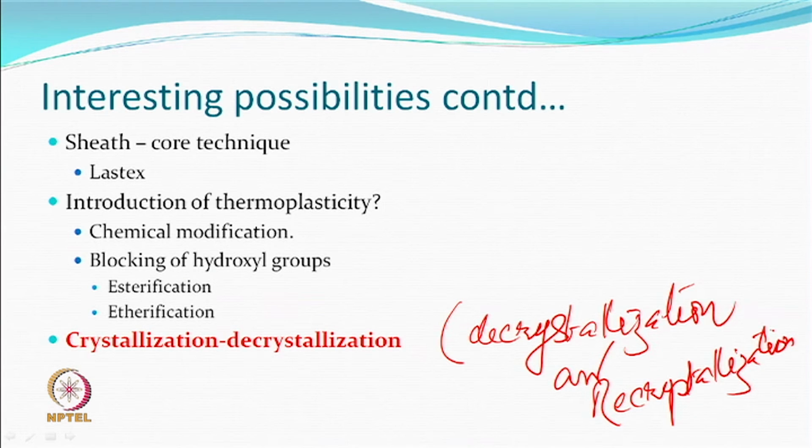It is something similar to melting or a partial melting. In partial melting, as we said for thermomechanical systems also, it will be partially decrystallized and then recrystallize. So, you have crystallization and decrystallization processes going on. If that can be done by chemical means, it should again lead to a setting.